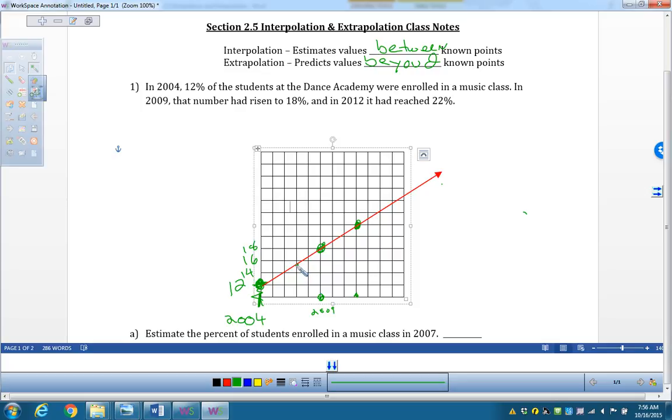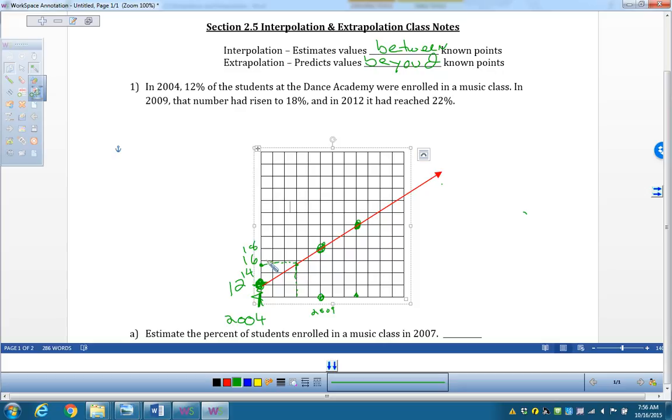Yeah, and see where the point is and see what percentage. So I'd go up like this, right? And then where would I go? You'd stop at the red line. And I'd go which way? To the left. And I'd go across, right? And I'd see that it's somewhere close to 16, right? Maybe like 15.5% or something like that.